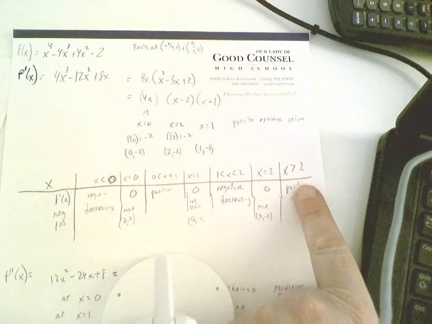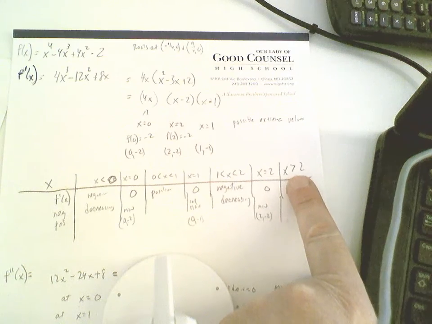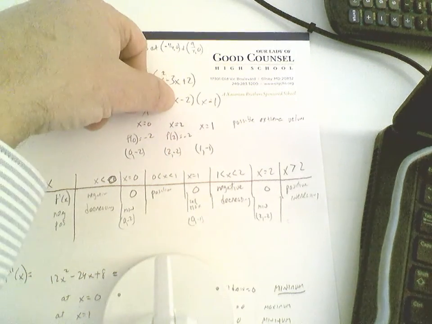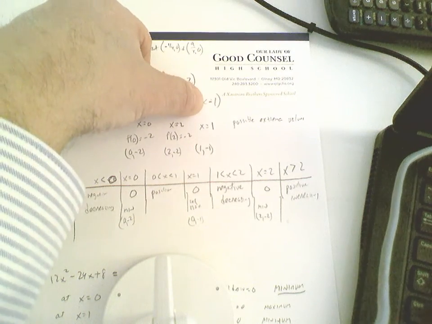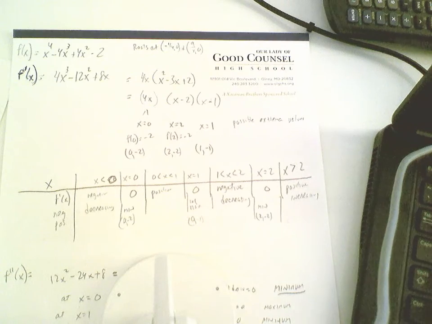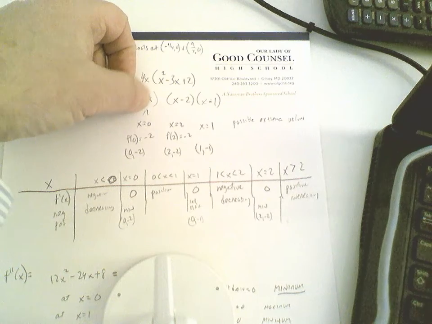And what I did first in class, but I'll do first here as well, when x is greater than 2, 4x is positive, x minus 2 is positive, x minus 1 is positive. I have 3 numbers multiplied by each other that are all positive. My function is going to be increasing after x is equal to 2. When x is between 1 and 2, 4x is positive.